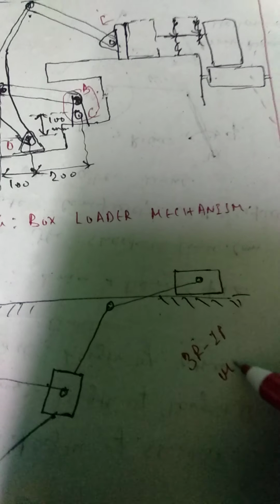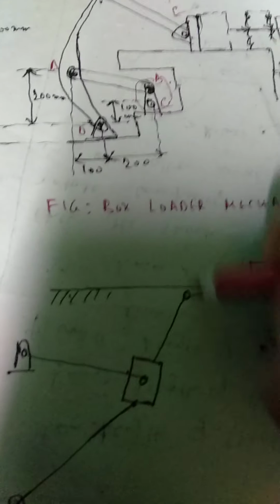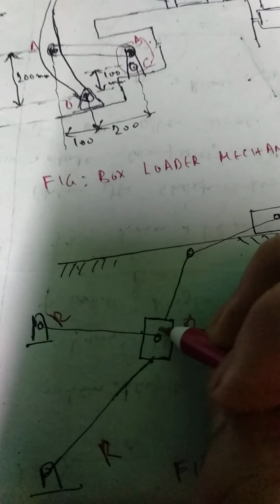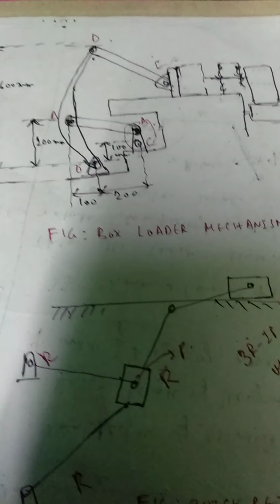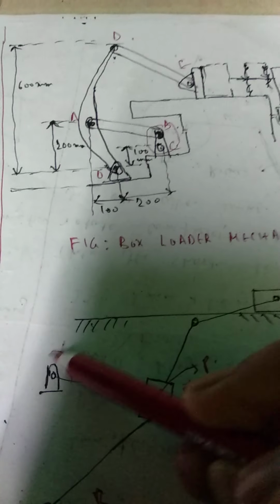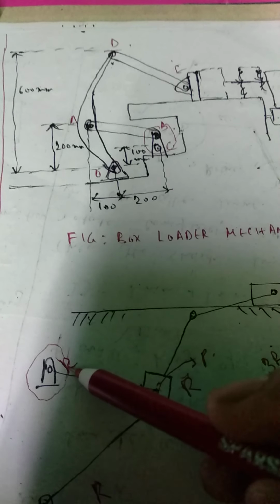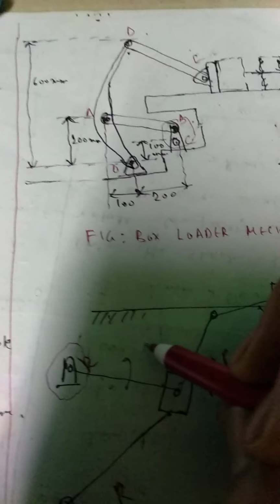This is one R, this is another R, this is another R, and this is P. Here this link is able to rotate completely. So this is the crank.